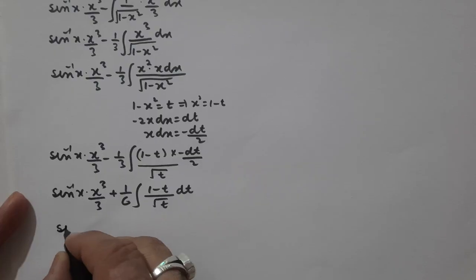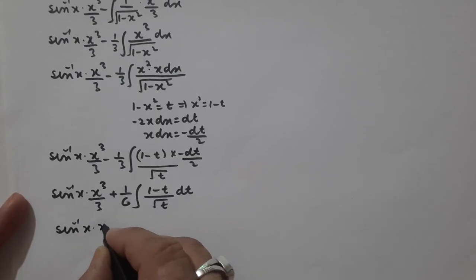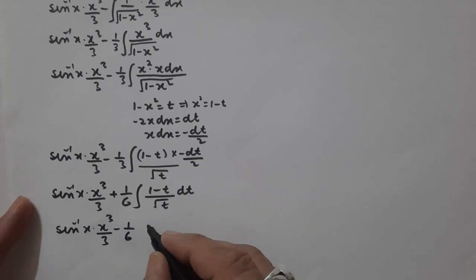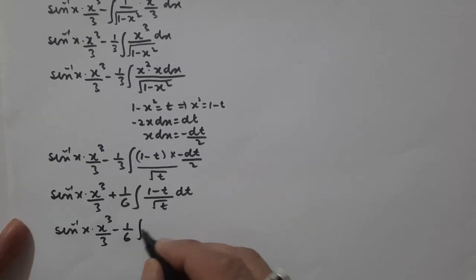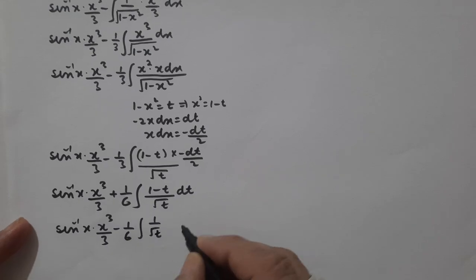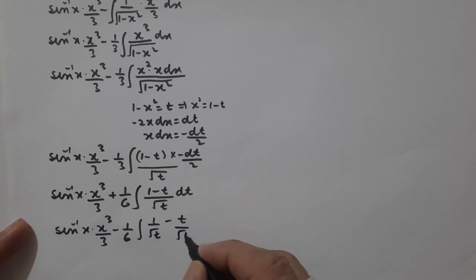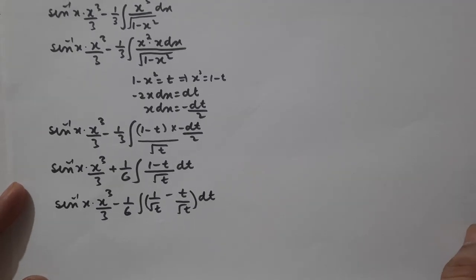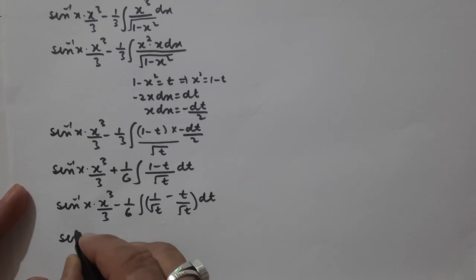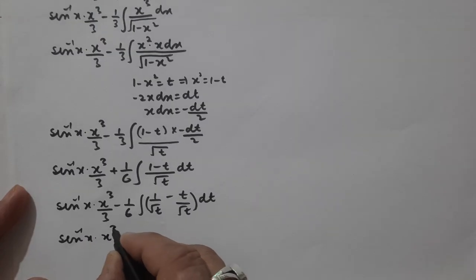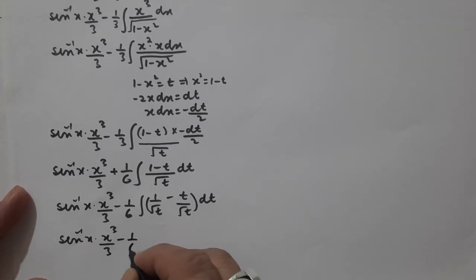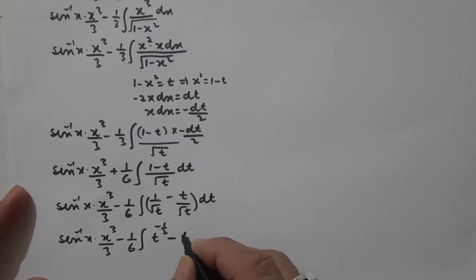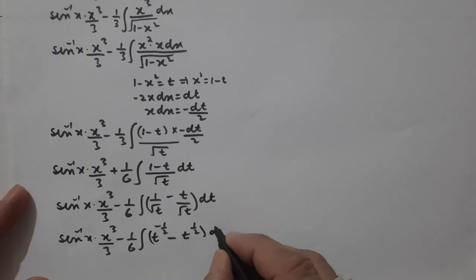Now students, separating the terms, sine inverse x into x cube upon 3 minus 1 by 6, integral of 1 upon root t minus t upon root t dt. Making it simple, we can write it as t power minus half minus t power half dt.